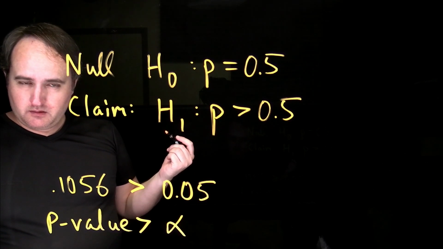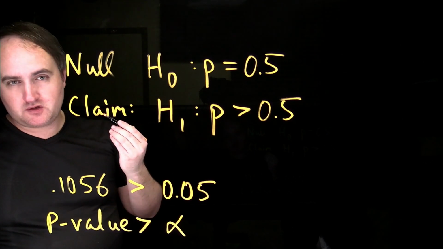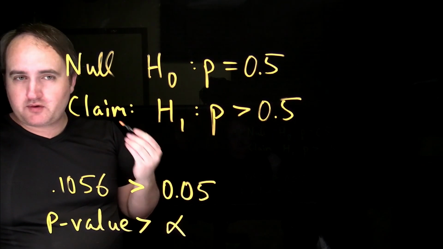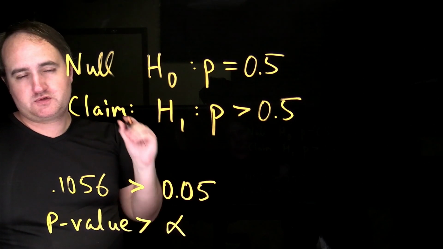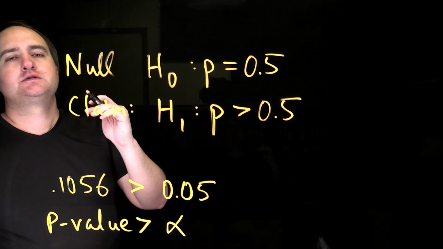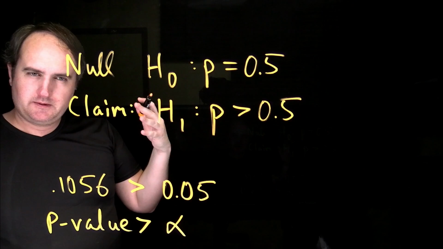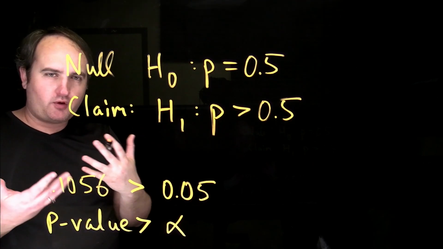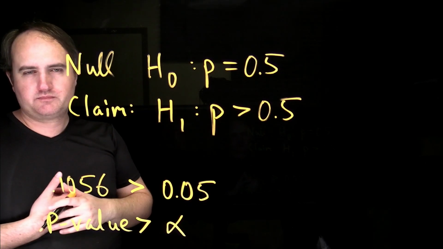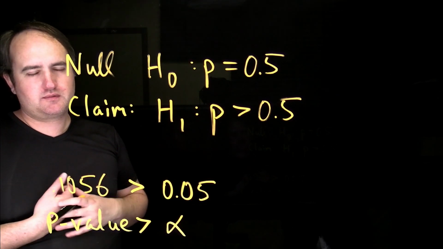So either we have evidence to support this claim, or we don't have enough evidence to support the claim, which means we support the null hypothesis. Now, you can't really say support the null hypothesis, because the null hypothesis is sort of like a default case that we go back to. That's why they use this confusing wording of fail to reject.